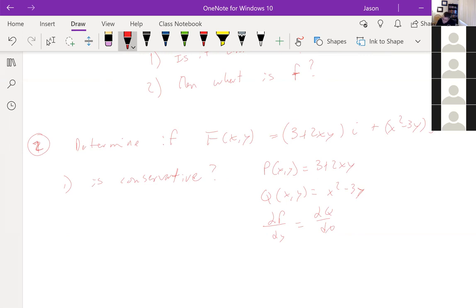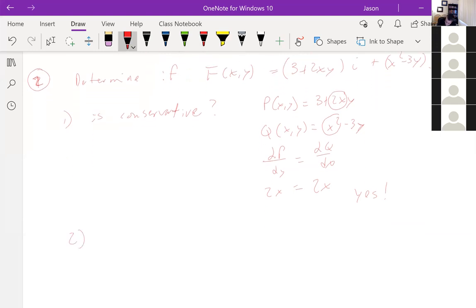What is the partial of P with respect to y? Well, wouldn't it just be 2x here? And what's the partial of Q with respect to x? Wouldn't that just be 2x? So is it conservative? Yes, it's conservative. What does that tell me? Since it's conservative, there must exist an f such that capital F is equal to the gradient of f.